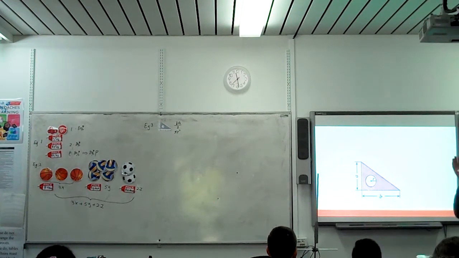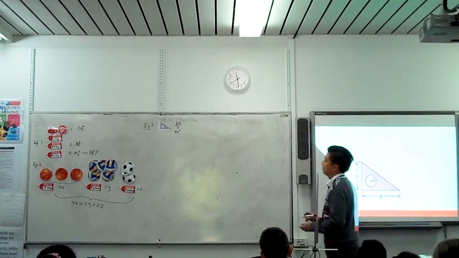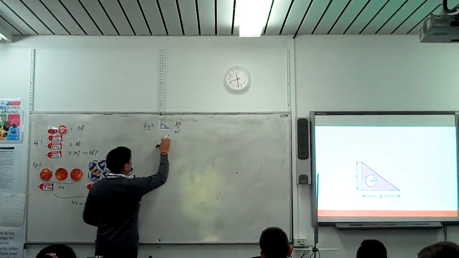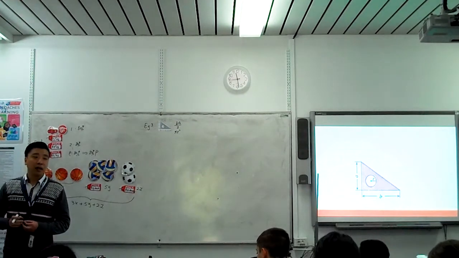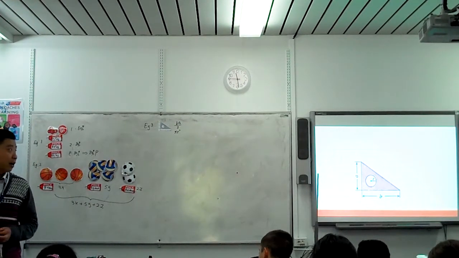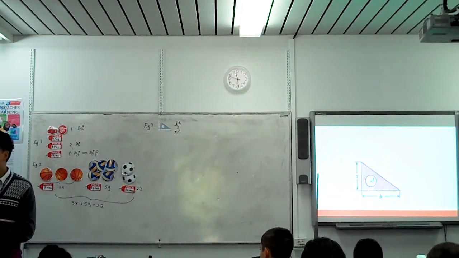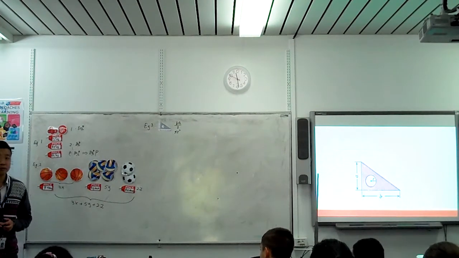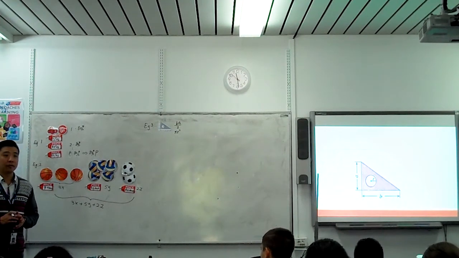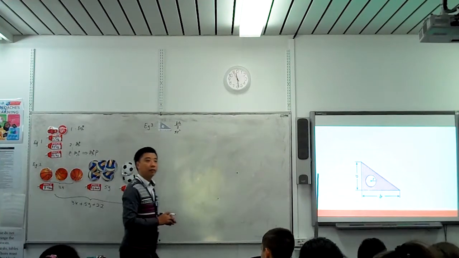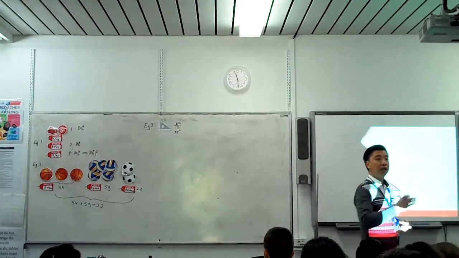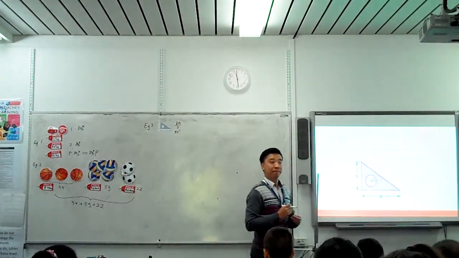It doesn't have to be very neat. Alright. So write the expression in box 2 to show the area of the shaded region. Okay. Could you tell us what's your answer?